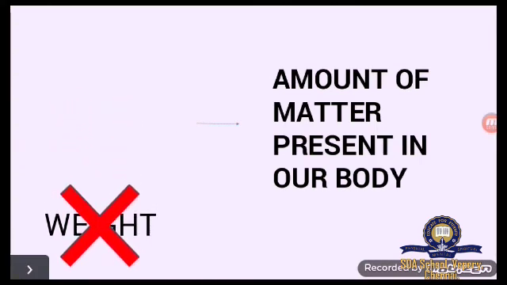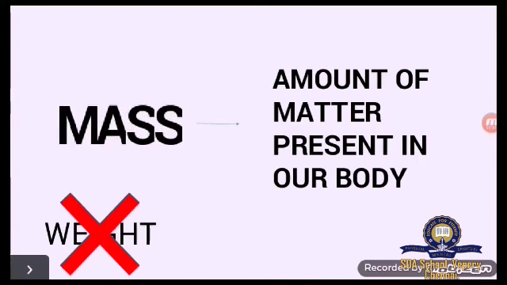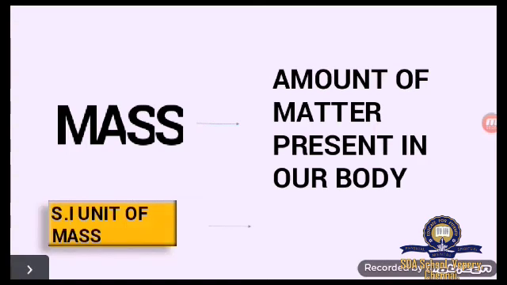Because the amount of matter present in our body should be represented by the term called mass. So hereafter, as a science student, you should not make this mistake. So mass is defined as the amount of matter present in any body. The SI unit of mass is kilogram.